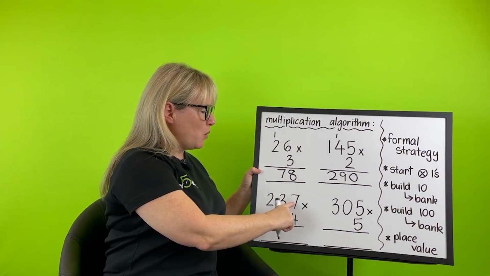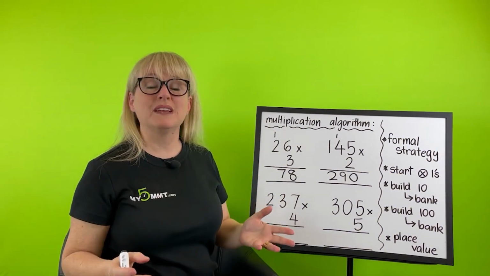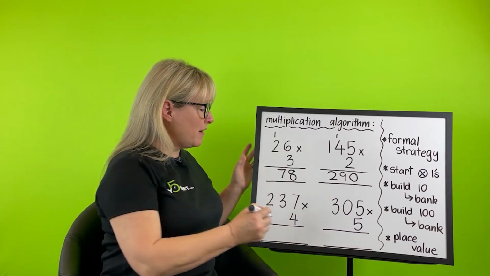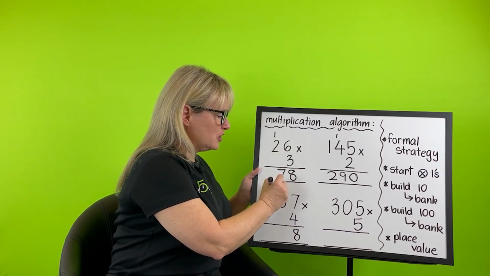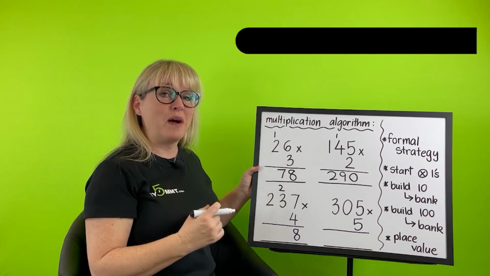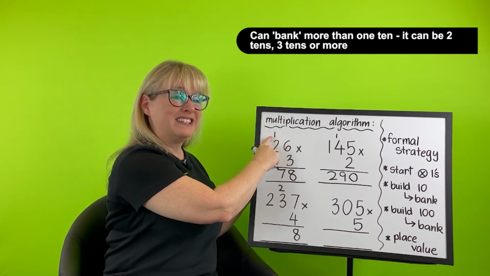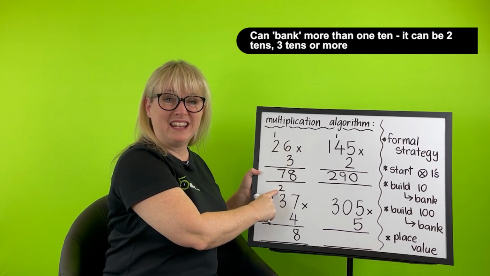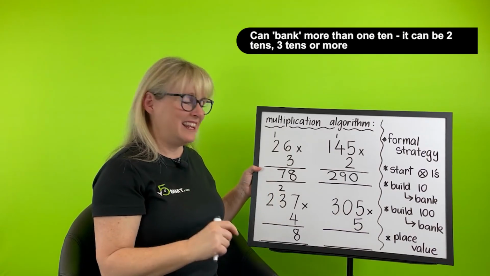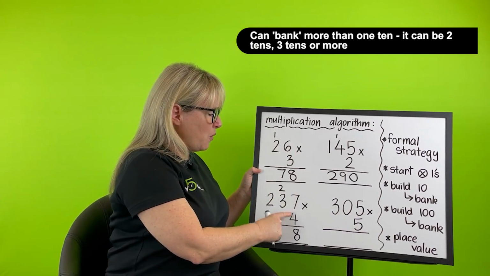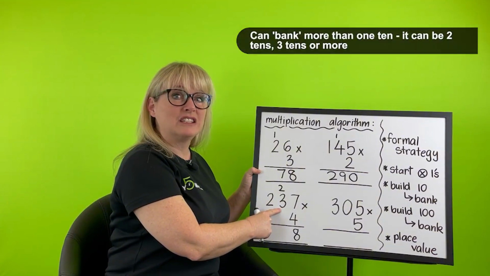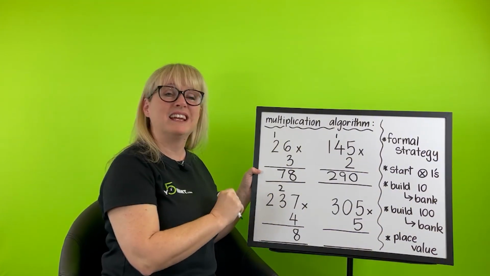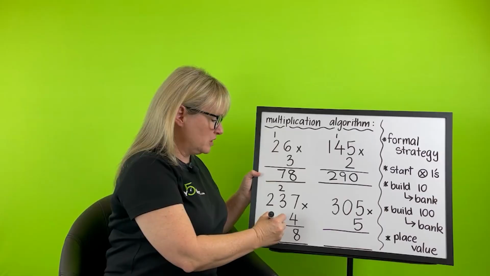Now I'm looking at 4 times 7. Well, 4 times 7 is 28. So I've got an 8 here and I've got a 20 here. It's quite possible to have not just one 10, but more than one 10. It could be 2, 3, or more 10s. Now I'm thinking of 4 times 3 tens. That's 12 tens, and grabbing the extra 2 tens to make 14 tens.